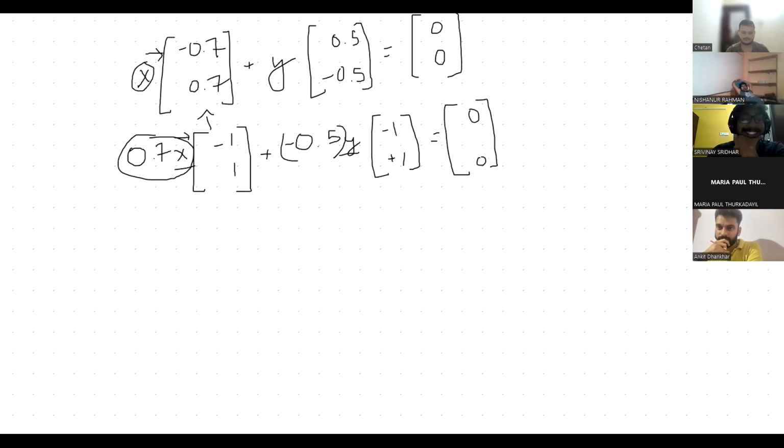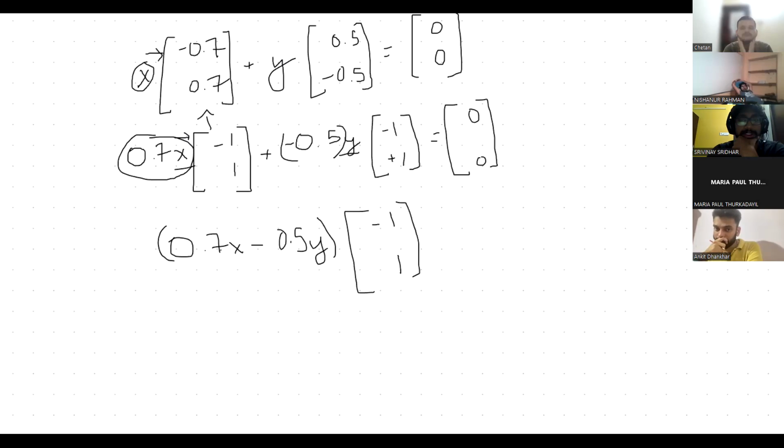How will I go from here? I'm a little confused. So what will I do? Okay, I can do this. 0.7x minus 0.5y into minus 1, 1 is giving me 0.